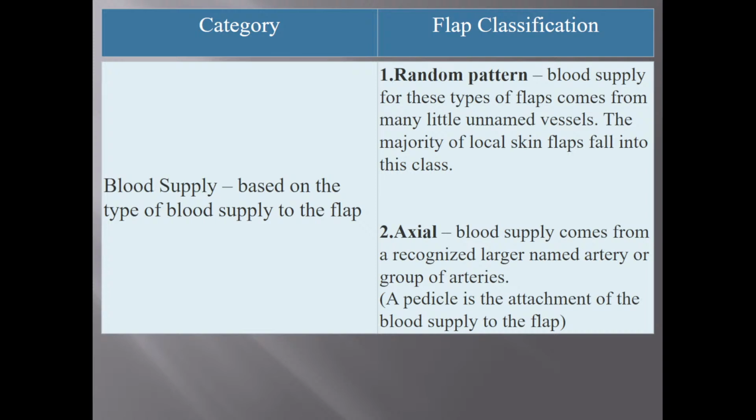The majority of local skin flaps fall into this class. Axial: blood supply comes from a recognized, larger named artery or group of arteries, and usually it's a pedicle flap. The pedicle is the attachment of the blood supply to a flap.